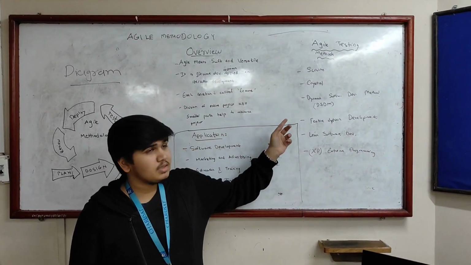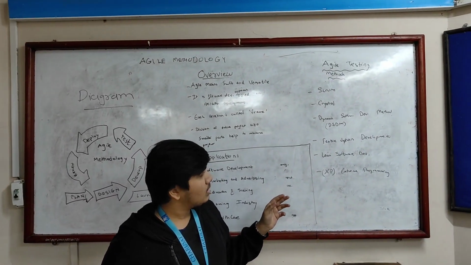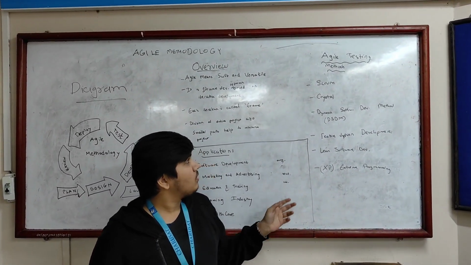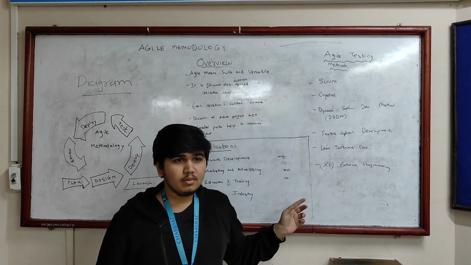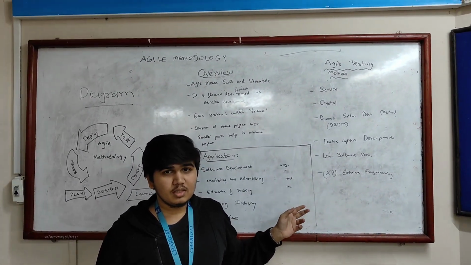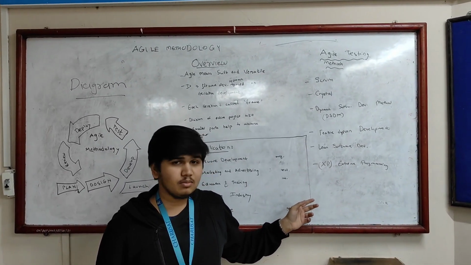Now comes agile testing methods. There are mainly 7 agile testing methods. First is Scrum, then Crystal, Dynamic Software Development Method (DSDM), Feature Driven Development (FDD), Lean Software Development, and Extreme Programming (XP).